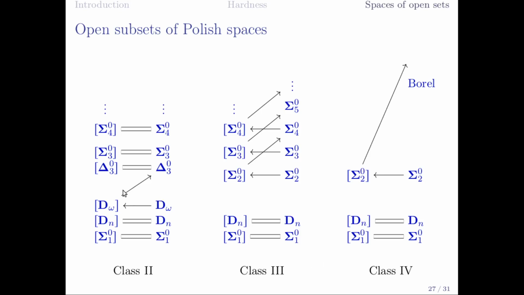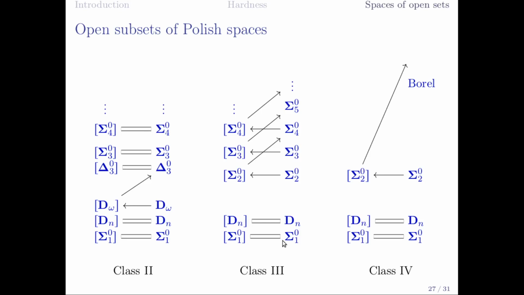Okay, so we see, for instance, in class 2 that we have something similar to the polynomials. So we have some disagreement in the beginning. For polynomials it was below delta 2, here it's delta 3. But after delta 3, symbolic and topological complexity always agree. So there is only a problem in the beginning, but after everything is fine.